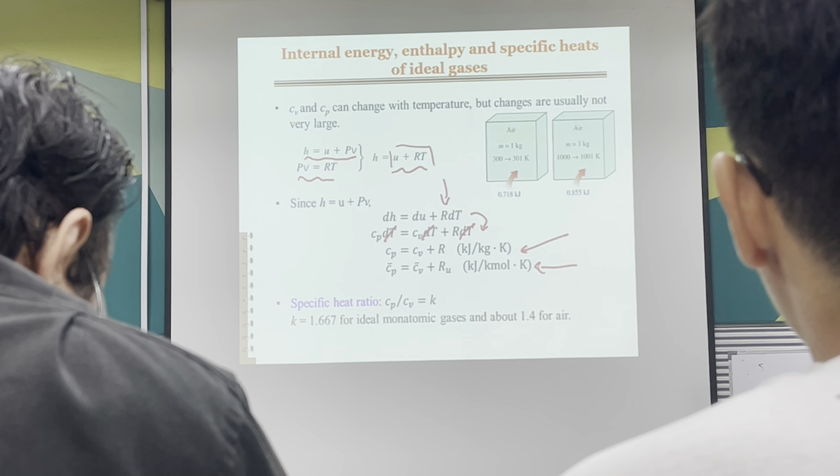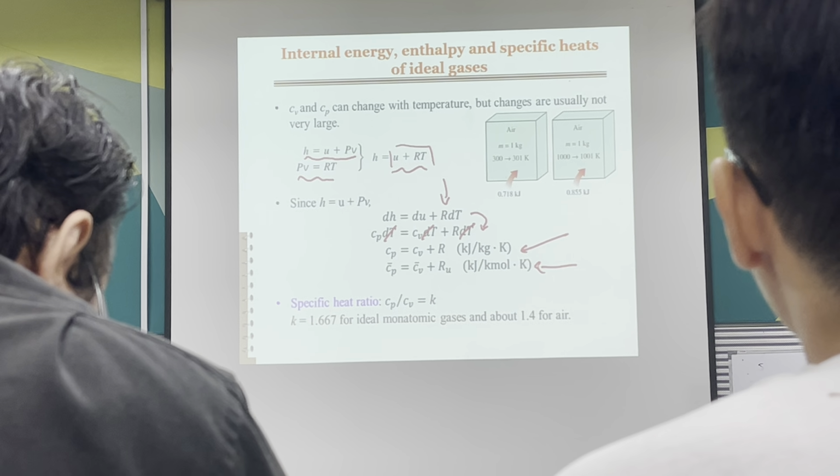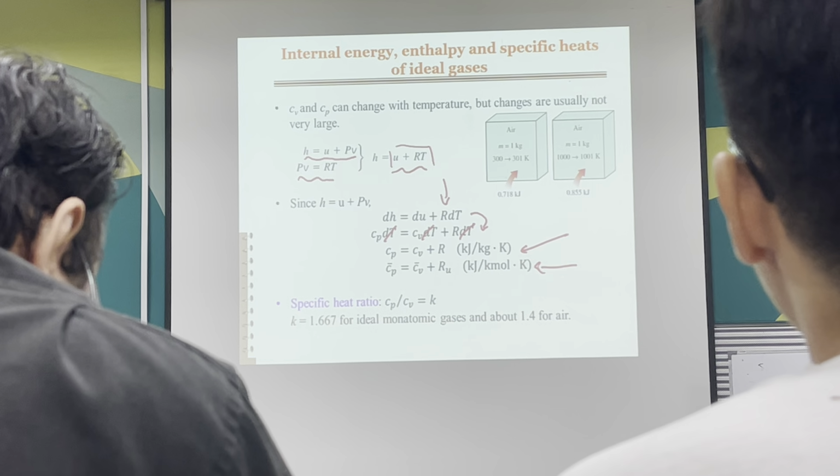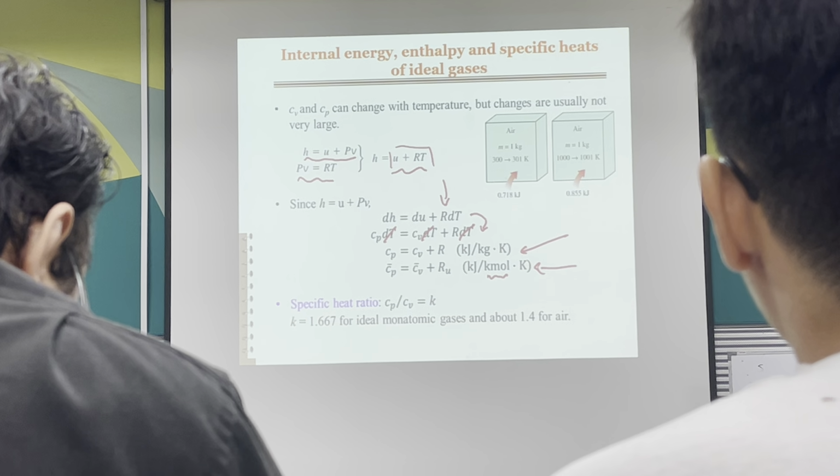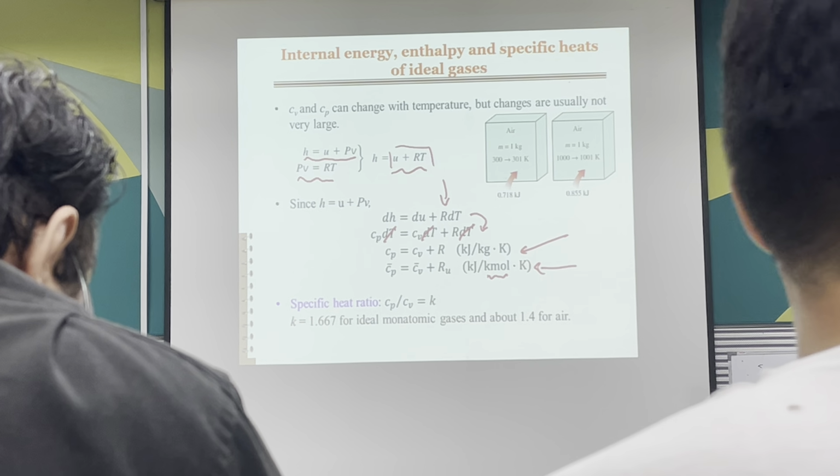You can replace the Cp with a Cp bar and Cv with a Cv bar, because it's in terms of mole. Then in this case, R becomes Ru, which is the universal R. It's just one value.